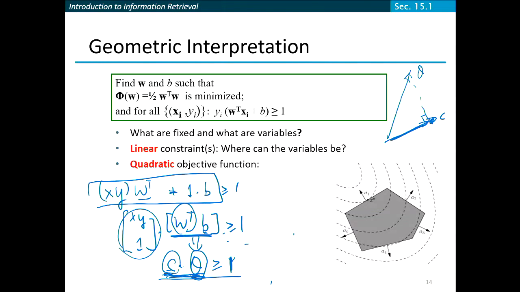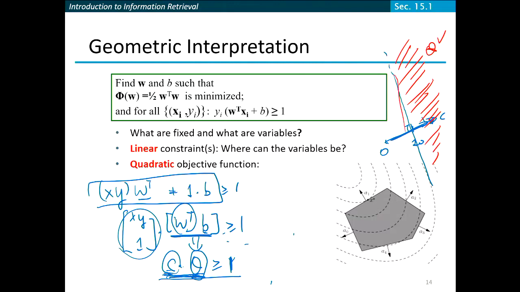If this is 1.0, then you draw a perpendicular line, and this is the origin. Everything on the right-hand side of the perpendicular line is okay for our theta, right? If you do the dot product, it's going to be greater than or equal to 1.